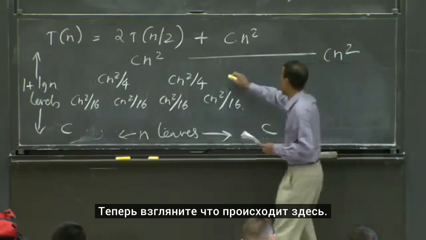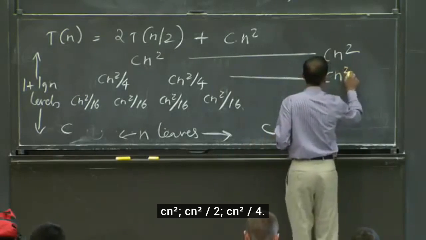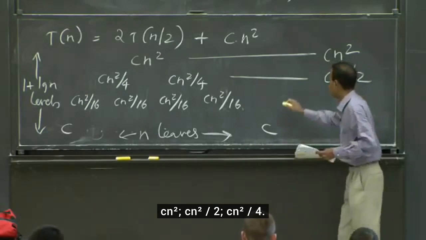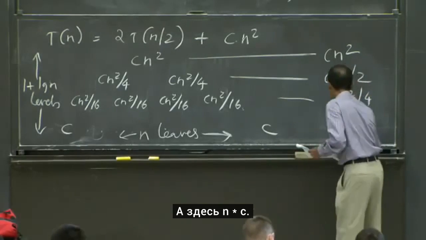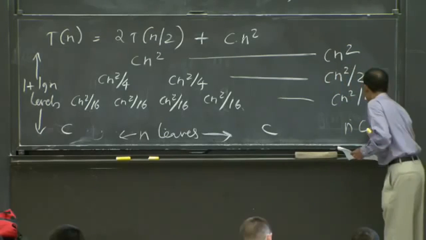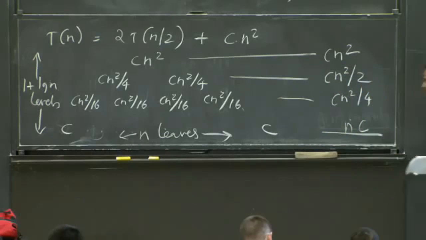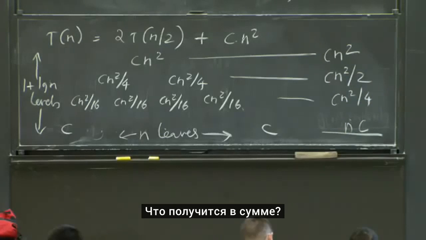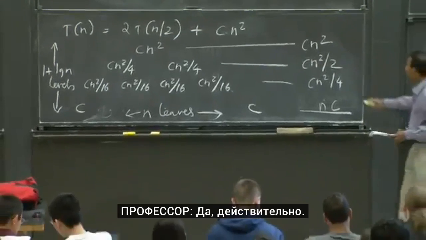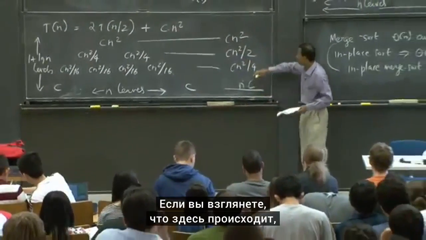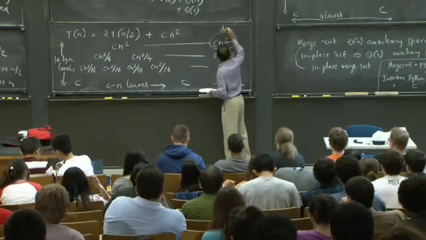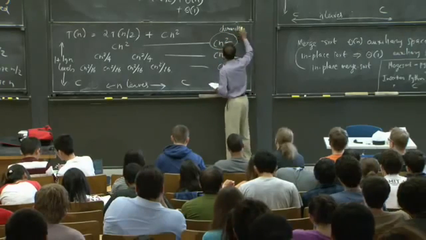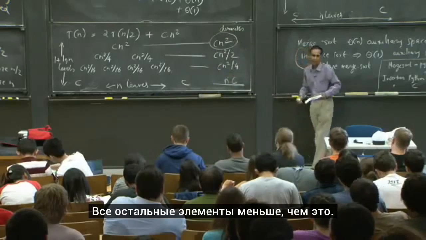Now take a look at what happens here. cn squared divided by 2. cn squared divided by 4. And this is n times c. So what does that add up to? Yeah, bounded by 2cn squared. Exactly right. So if you look at what happens here, this dominates. All of the other things are actually less than that.